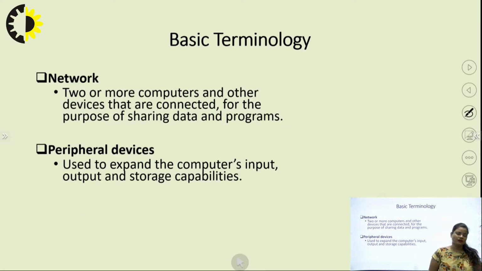What is a network? A network is basically two or more computers and other devices that are connected for the purpose of sharing data and programs.